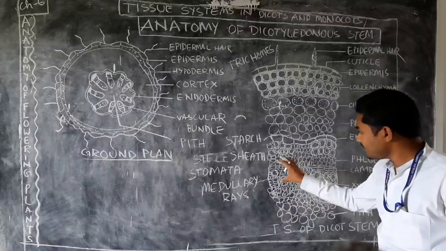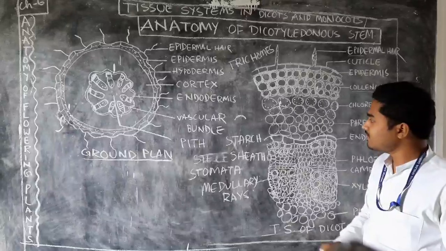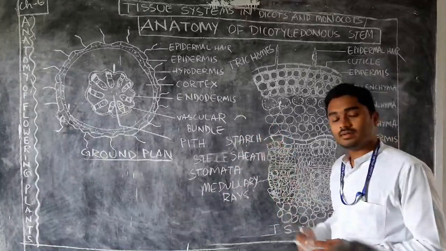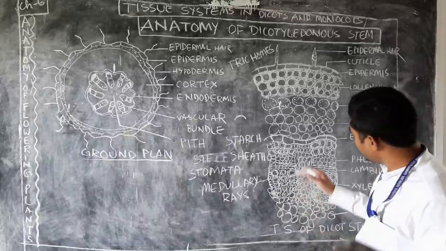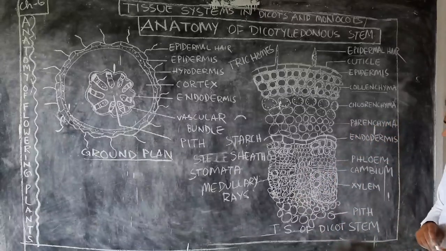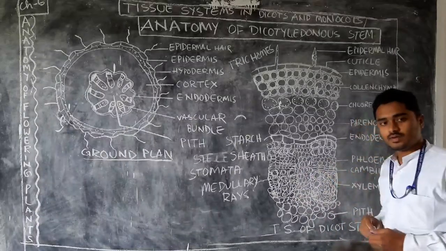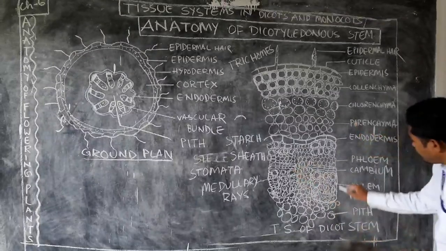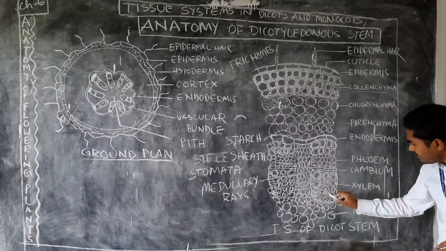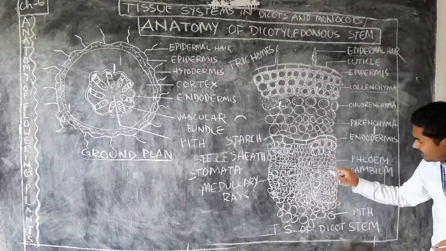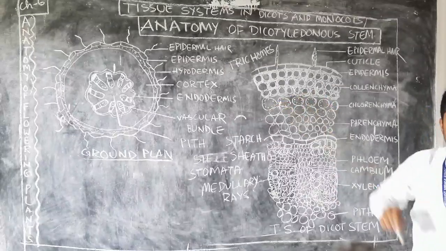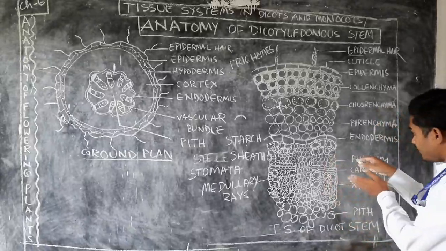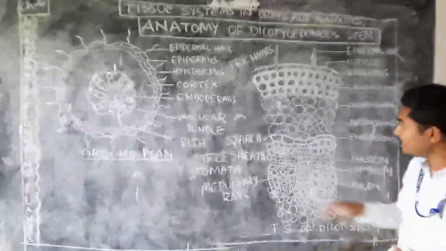We will see now how these vascular bundles, as we have studied, are composed of xylem and phloem. But here another one is present, which is the cambium, also called vascular cambium. So this one is the phloem, this is the xylem. So xylem and phloem are present in a single vascular bundle. That's why the type of vascular bundle here is known as conjoint.